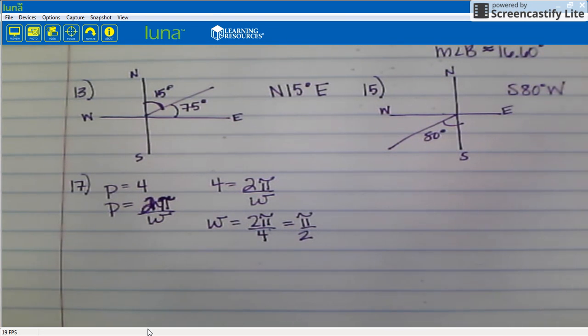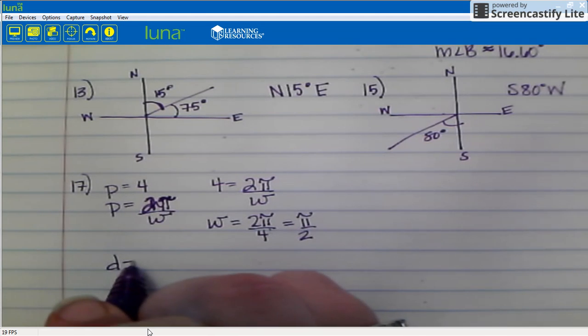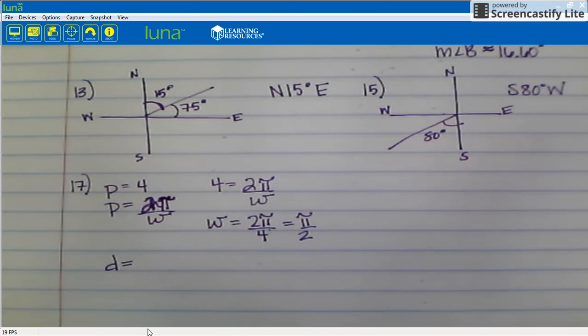So that means my equation, D, is equal to, since I start, according to my table, at 6 centimeters below my rest, that means I'm starting above or below my rest line, so I'm going to use cosine. And since I start below my rest line according to the directions, I have a negative starting position.